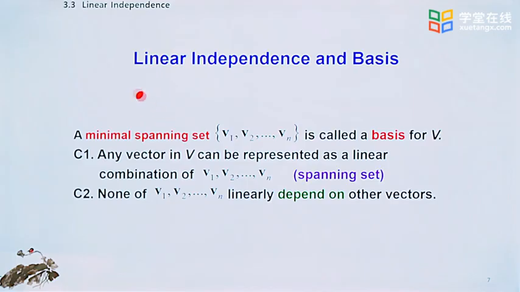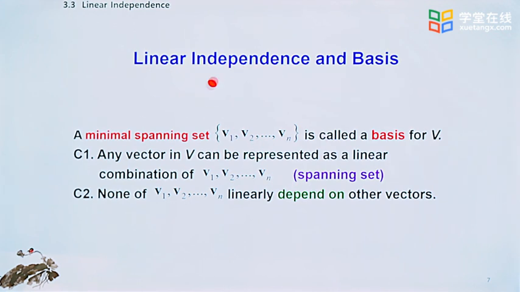Okay. And now we consider linear independence and basis. A minimal spanning set v1, v2 till vn is called a basis for V. The first condition is any vector in V can be represented as a linear combination of v1, v2 till vn.